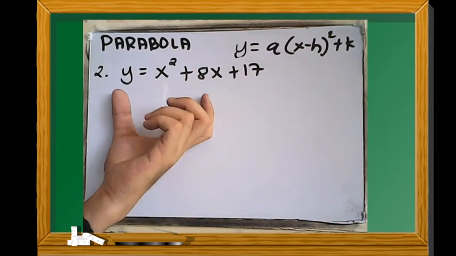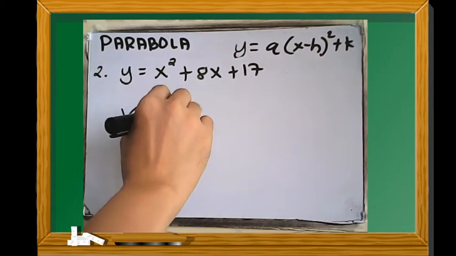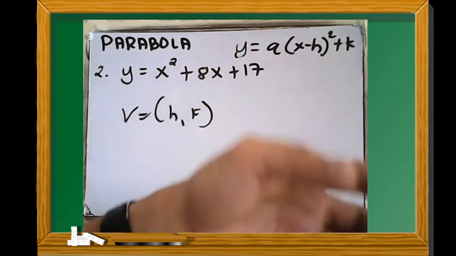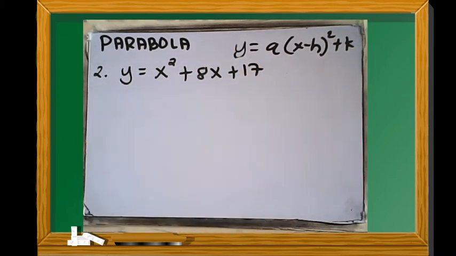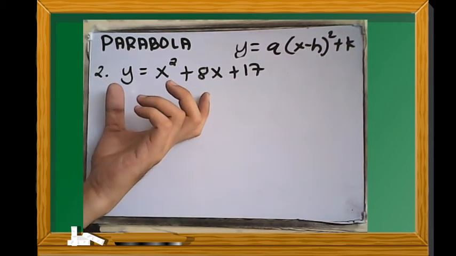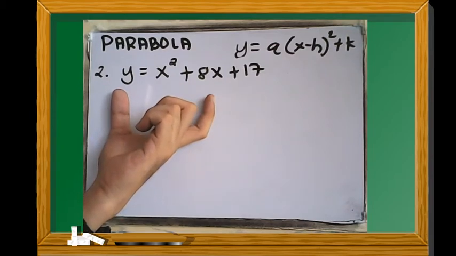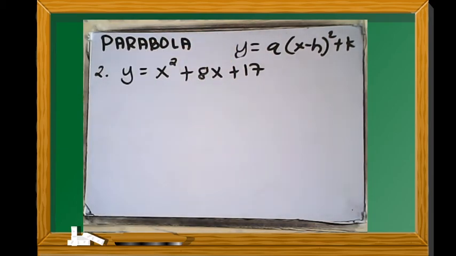So that's why we cannot easily find the value of the vertex or h and k, because we are not in this format or in this form. So we're going to translate, and if you noticed also, this form is in general form. So from general form, we're going to translate it to standard form.